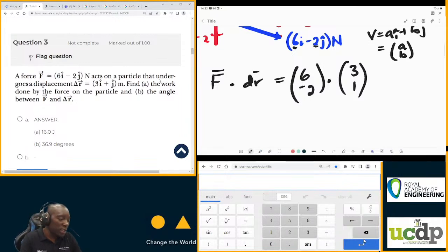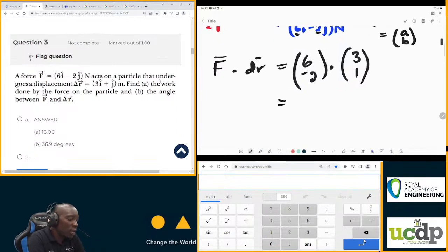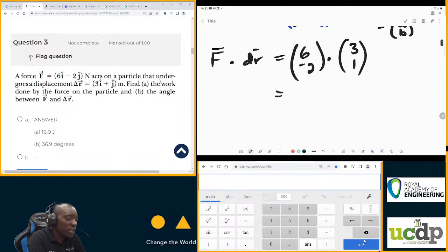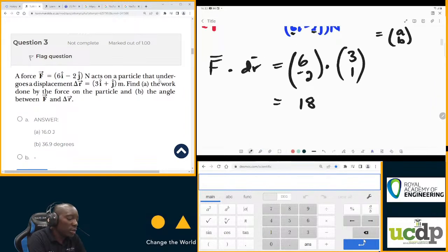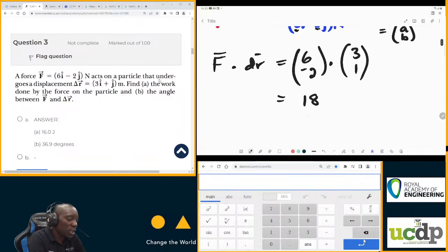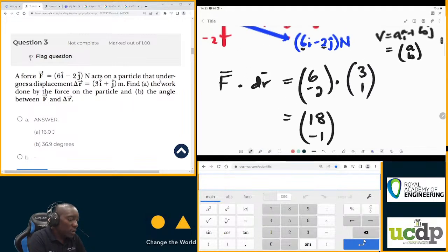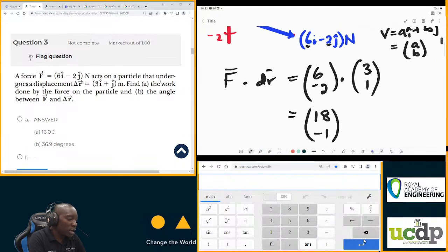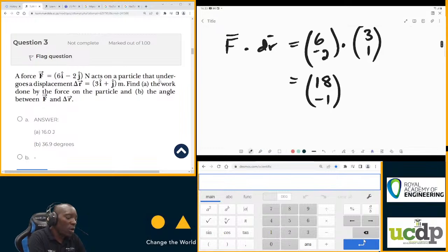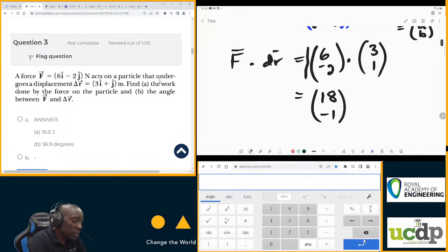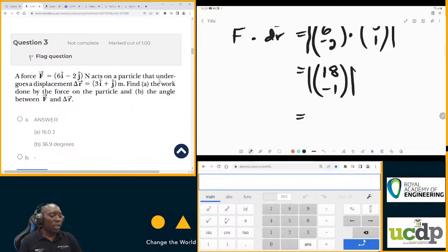A dot product is quite simply operated by multiplying the components in x and the components in y respectively, so that we just have 6 times 3, that's 18, and minus 2 times 1, that's minus 2. So our work done will be the magnitude of this resultant product.